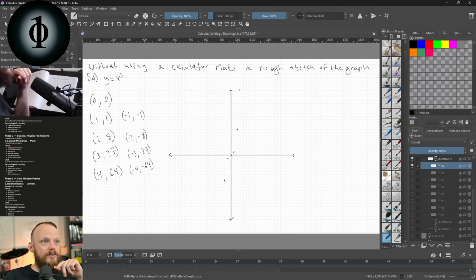If this was 20, 24, that'd put us somewhere 4, 8, 12, 16, 24, 28, 27. On 3, that's 20. It'd be way down here. So that's what the graph is going to look like.